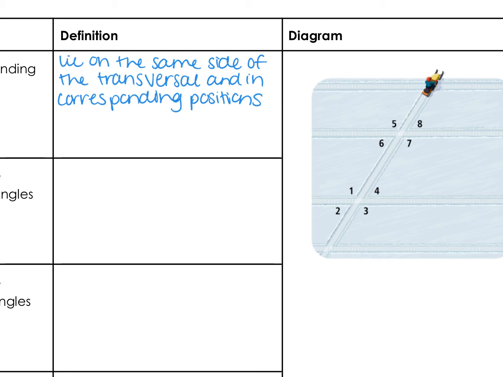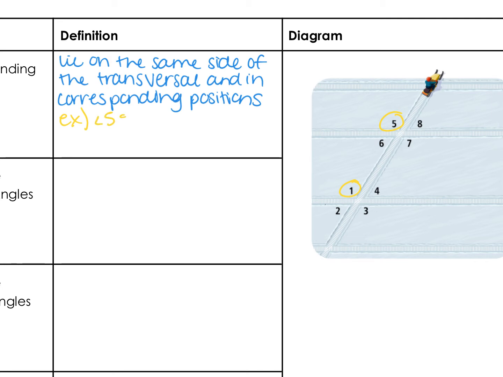So for my examples here, I'm going to do this in different colors so that our picture is very colorful in the end. We'll do this one in yellow. Examples are like 5 and 1. Notice they're on the same side of the transversal and both on top of the parallel lines.